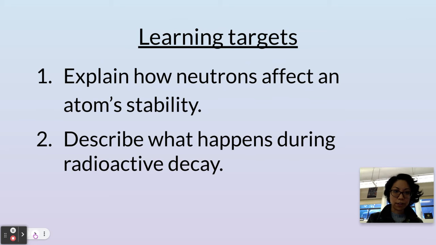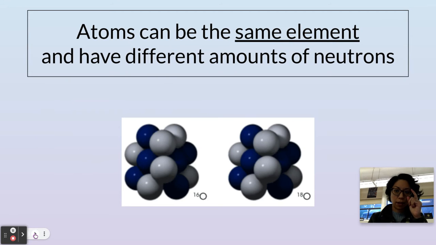Here's your learning targets. Your first one is to explain how neutrons affect an atom's stability. So thinking about the neutrons in the center of an atom. Okay, so first off, you need to know the number of protons is what defines what element an atom is.